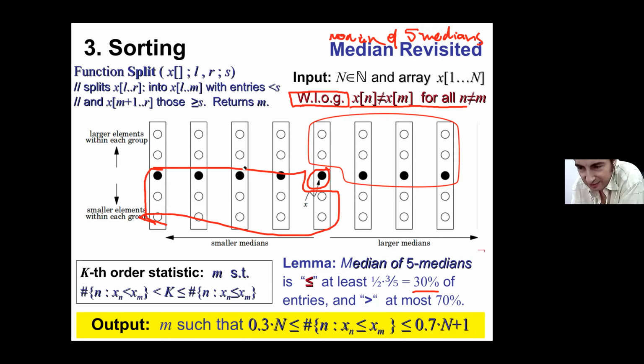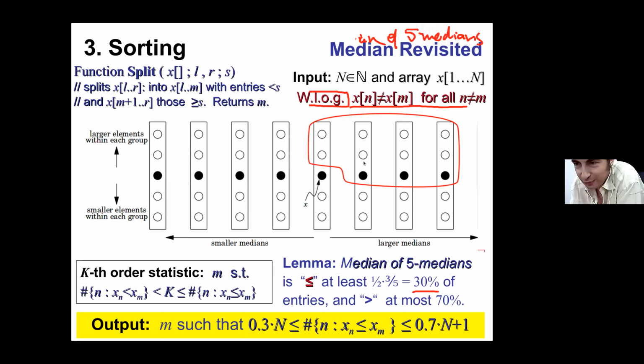By a simple argument, this is why the median satisfies an epsilon of 30%, or what I wrote on the previous slide, epsilon is equal to 0.3, in the QuickSort. So we put this choice of pivot element into the QuickSort later.